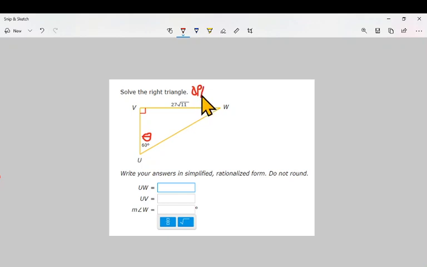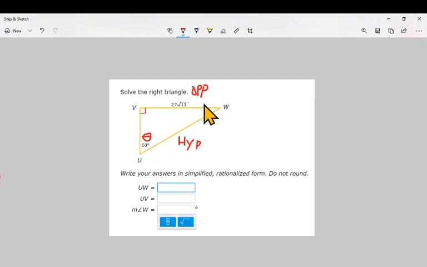Right? And since we know sine is opposite over hypotenuse, we will go ahead and try to solve for the hypotenuse, which is right here. Okay, we'll have to solve for the other side, the adjacent side, later.